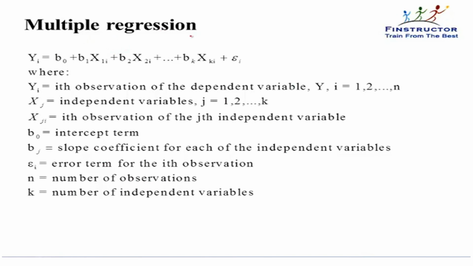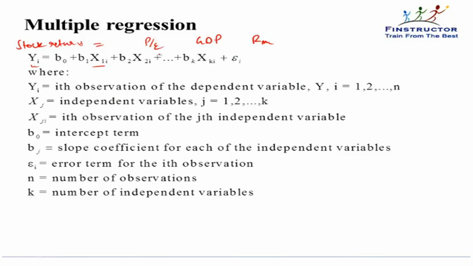Many times in real world applications, we see that our dependent variable, let's say stock returns, is not just dependent on any one factor. The stock returns for a particular sector or a particular industry may seem to be related with the valuation, with the GDP growth, with the general market return, and even some other factors.